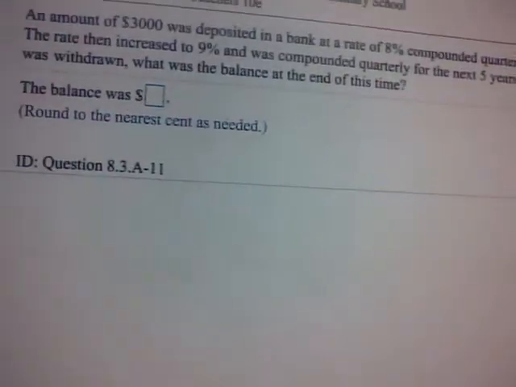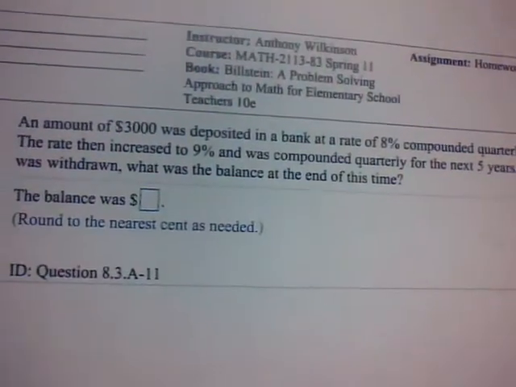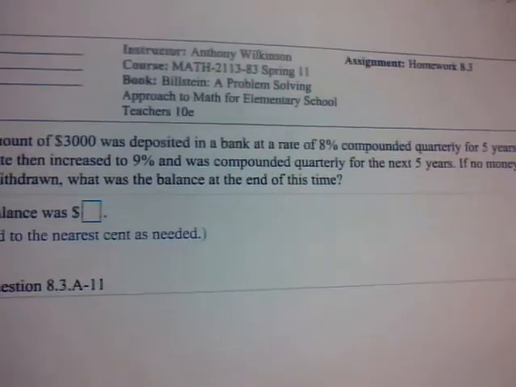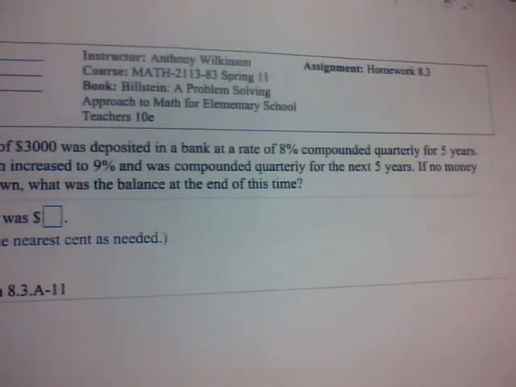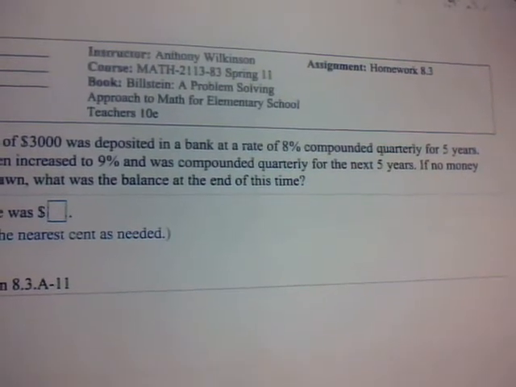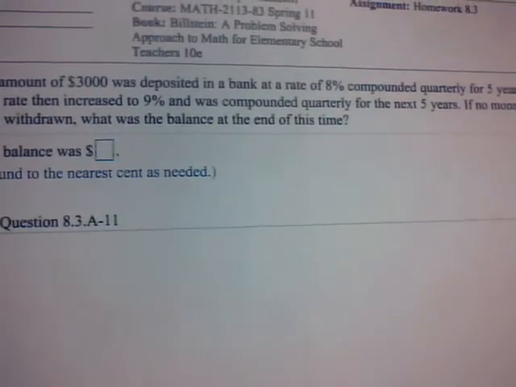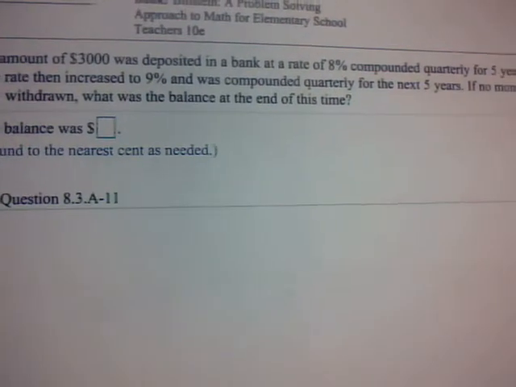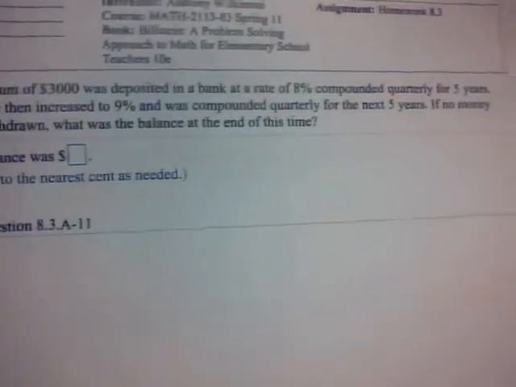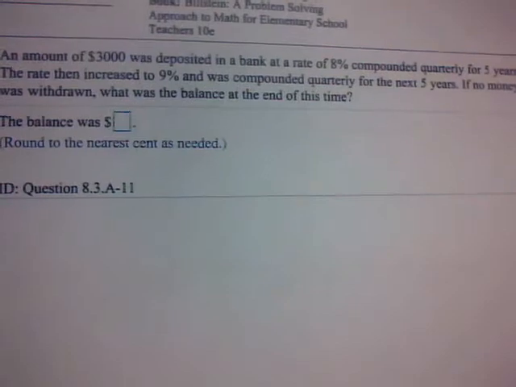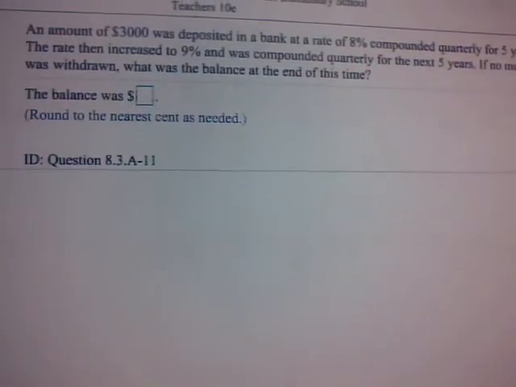And finally, number 6. An amount of $3,000 was deposited into a bank at a rate of 8% compounded quarterly for 5 years. The rate then increased to 9% and was compounded quarterly for the next 5 years. If no money was withdrawn, what was the balance at the end of this time?